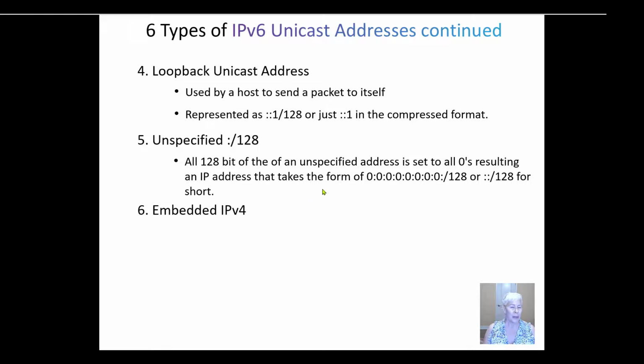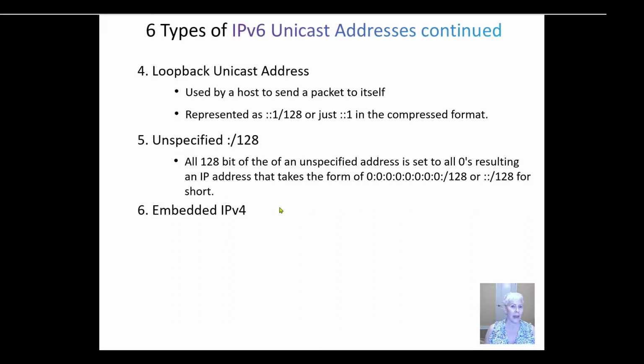So the IPv6 address would be 0:0:0:0:0:0:0:0. You get the idea. Or you could write it as just ::/128. And this, again, is more something that we see when we're talking about routing. So we might talk about it again if we do a review of IPv6 routing.